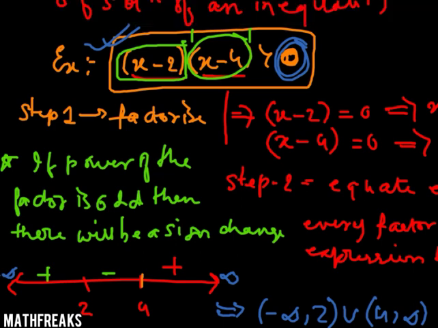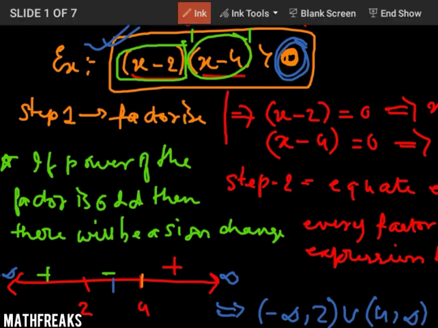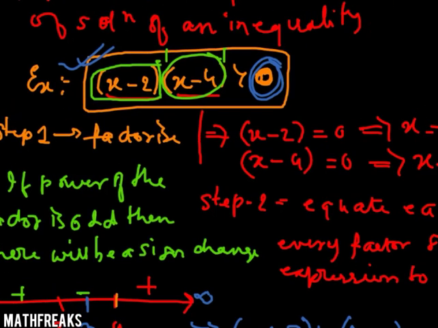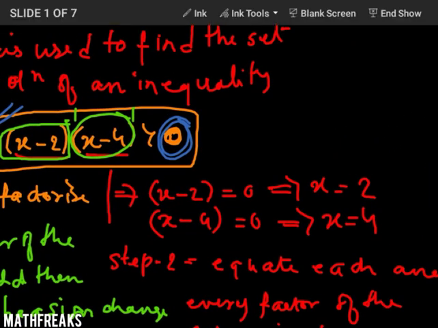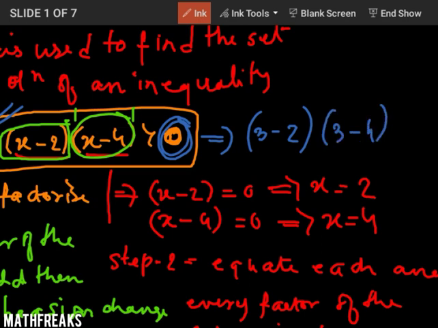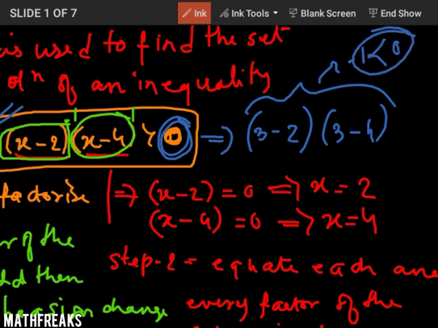For example, say 3, right? 3 will be somewhere here. So if we take 3, let's see if it satisfies the inequality. So put x as 3, so we get 3 minus 2 multiplied by 3 minus 4. So as you can see, it is very clear, it comes to be minus 1, which is not greater than 0, it is less than 0.